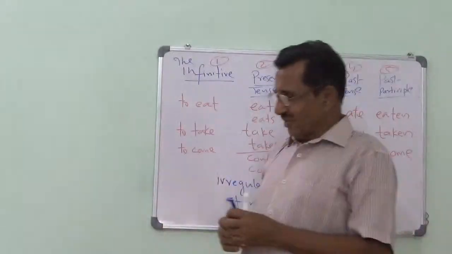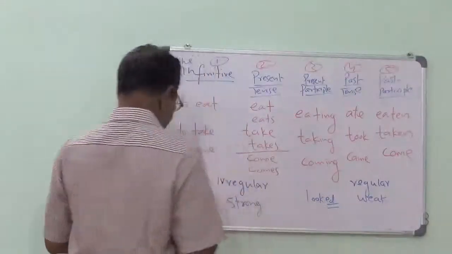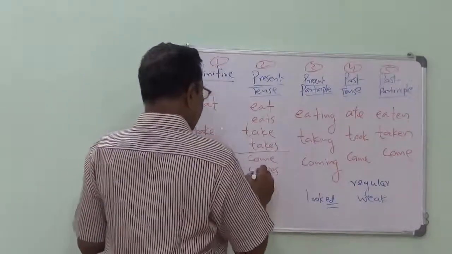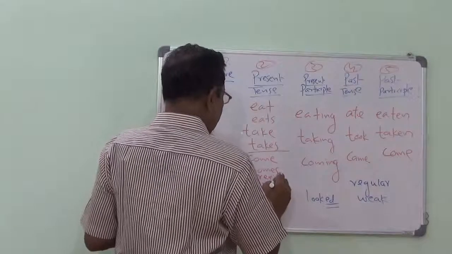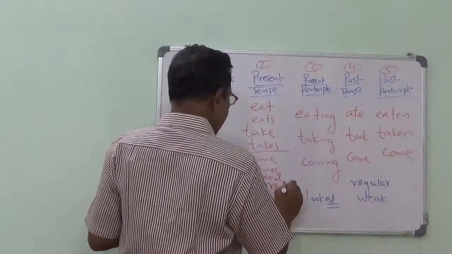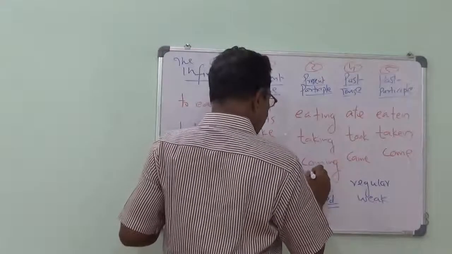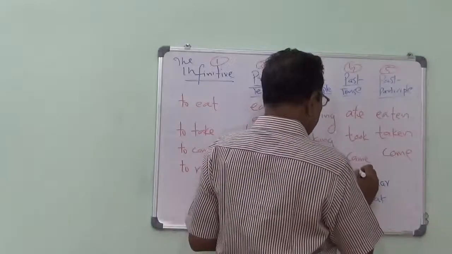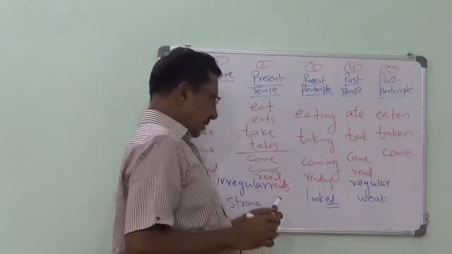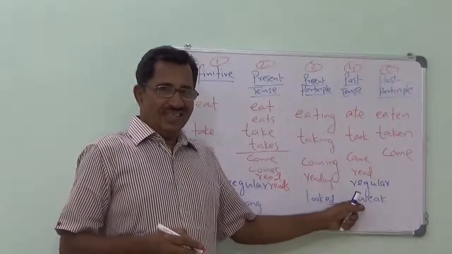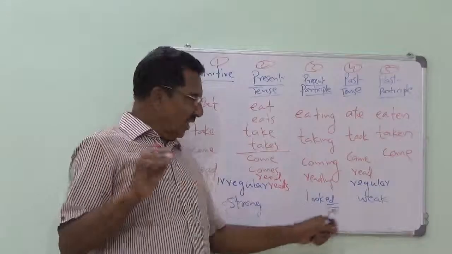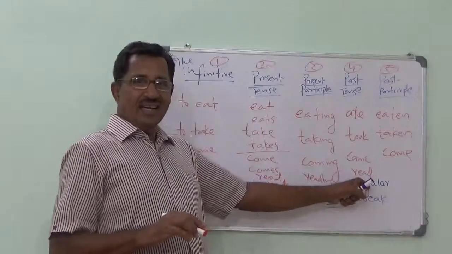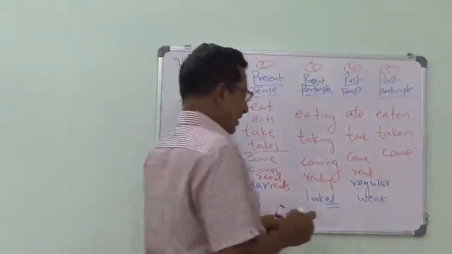For example, there is another one that you know. To read. Read, very good. Reads, that's also very good. Reading, also very good, no problem for you. But when you come here, you write it as read, R-E-A-D, but pronounce it as red.